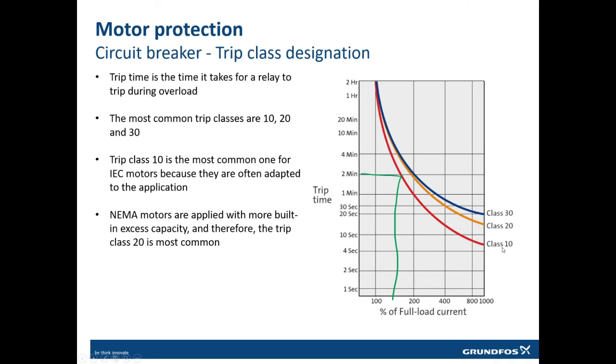Why? Because it will trip faster. For NEMA motors, because NEMA motors are designed with more flexibility, you can commonly use class 20 breakers. Class 20 breakers will take even more time, because at the same current a NEMA motor will take 3 minutes rather than 2 minutes. So this is the difference between an IEC motor and a NEMA motor.